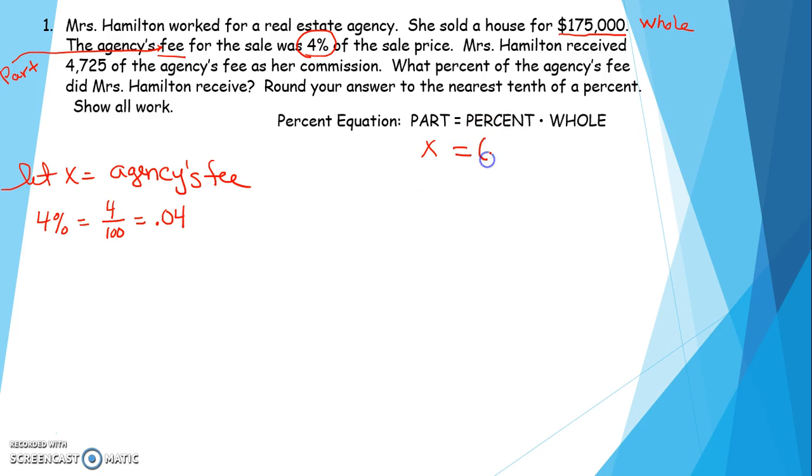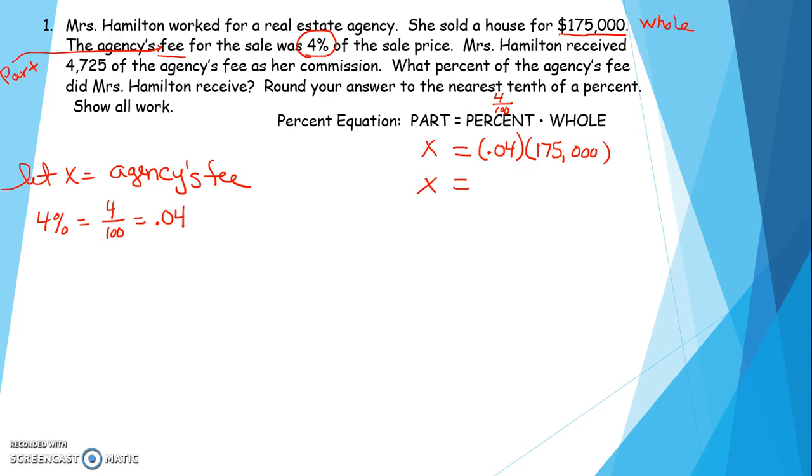I'm going to choose to use a decimal, 0.04. You have to write it as a fraction or a decimal to use it in the equation. Times whatever our whole is. Well, our whole was $175,000.